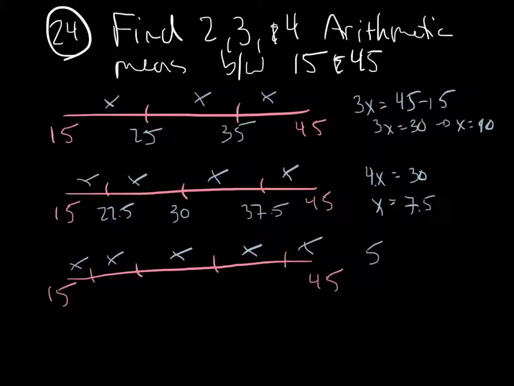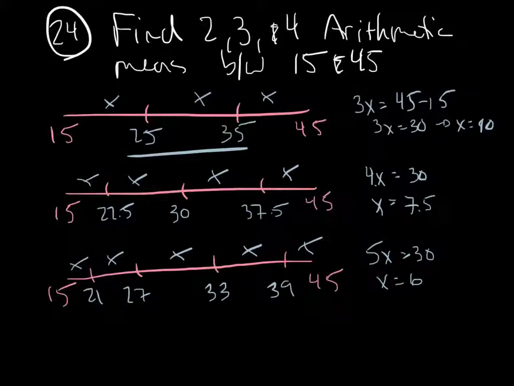Or I get 5x is equal to 30, or x is equal to 6, which gives me 21, 27, 33, and 39. Okay, so that's the 2 arithmetic means, 3 arithmetic means, 4 arithmetic means. Alright, so that takes care of 24.